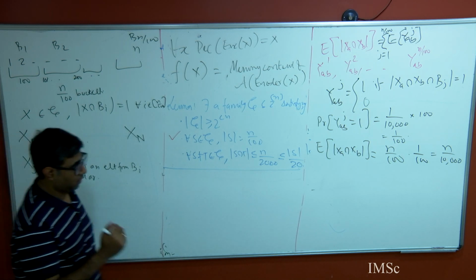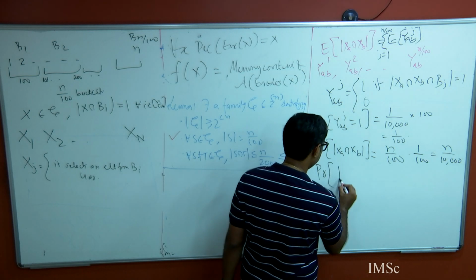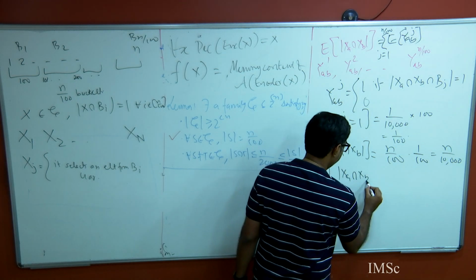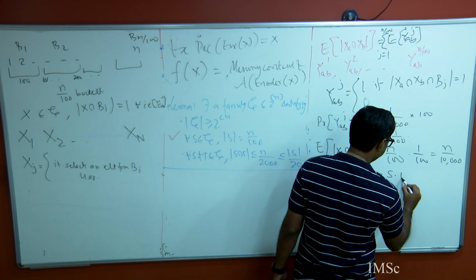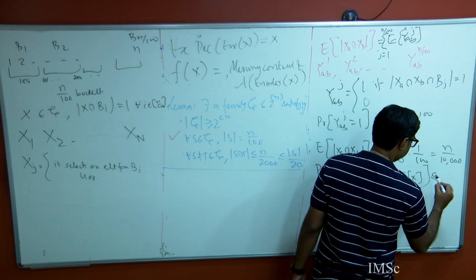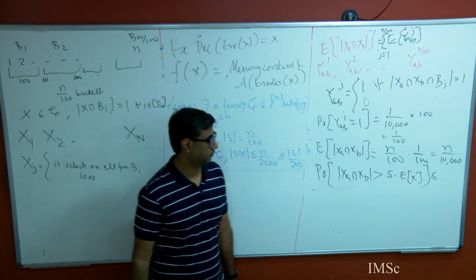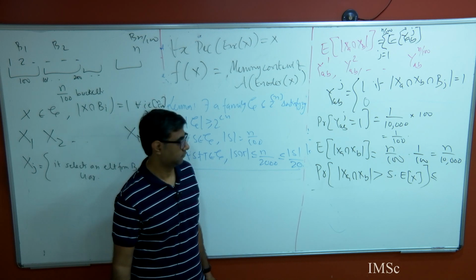Now what is the probability that XA intersection XB is greater than 5 times its expectation? Apply Chernoff.